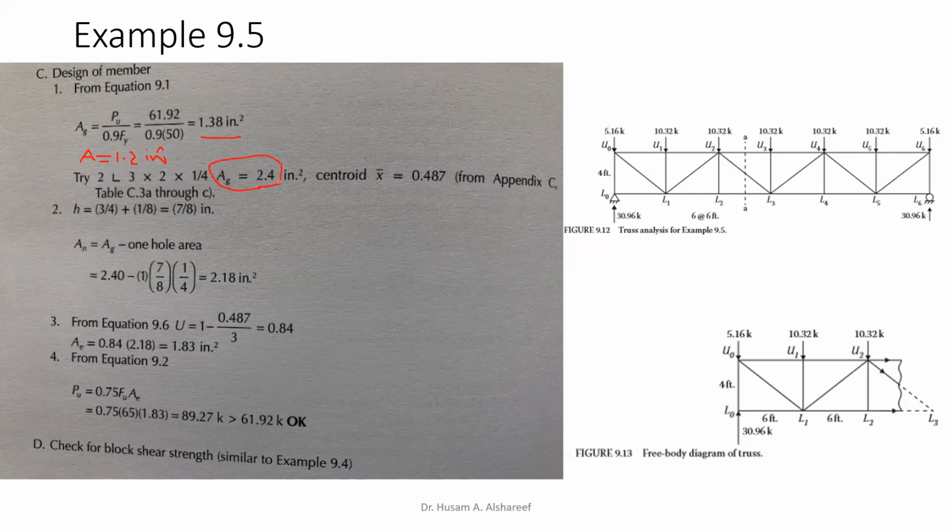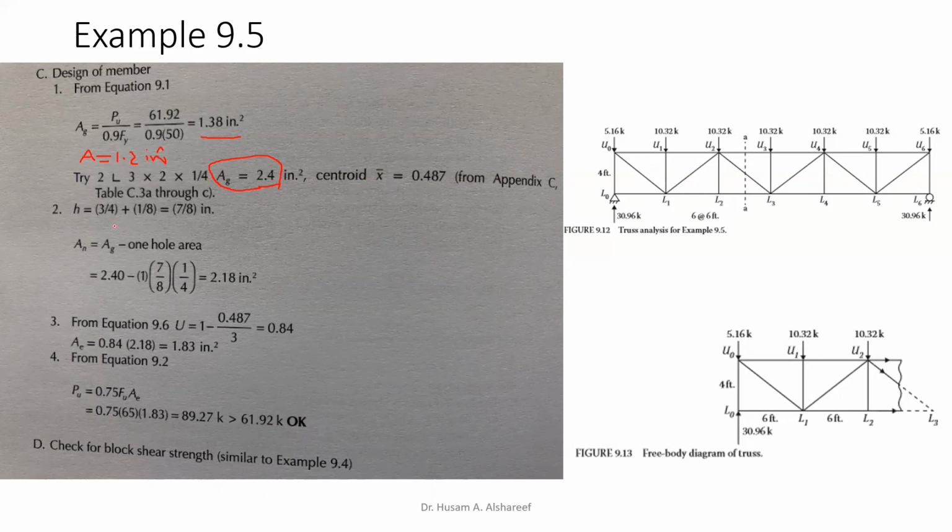This is what we're going to work with because we have a new shape. Now, what is the centroid of this shape? If you flip the page one more time, page 450, and go to the first column to find the shape, then go across the page, the fifth column is the X bar column, which is the centroid, and you will find this value, 0.487, and that's your X bar.